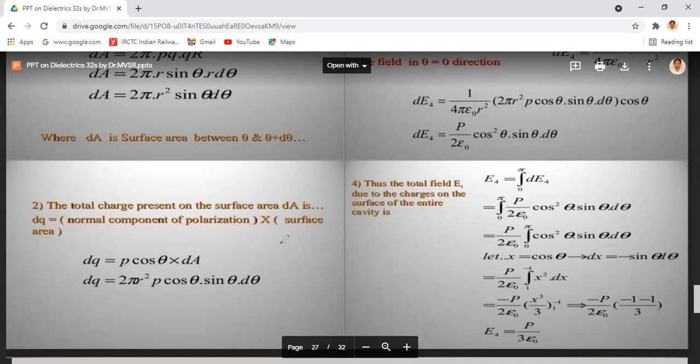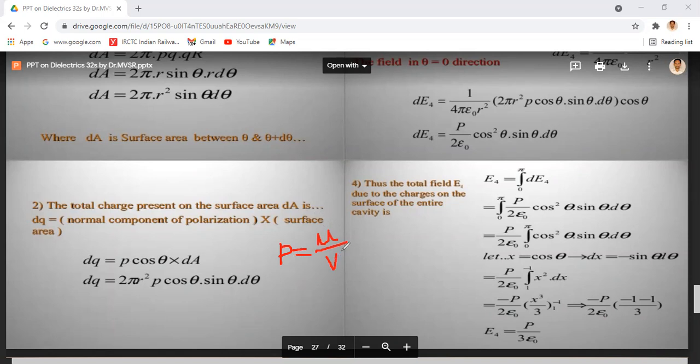We know that the polarization vector P bar can be written as mu by V. Already we know the definition of the polarization vector P is the number of dipoles existing per unit volume.